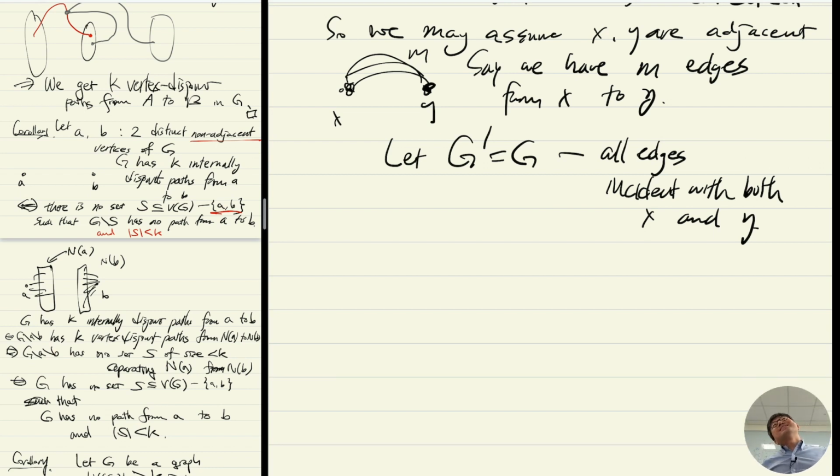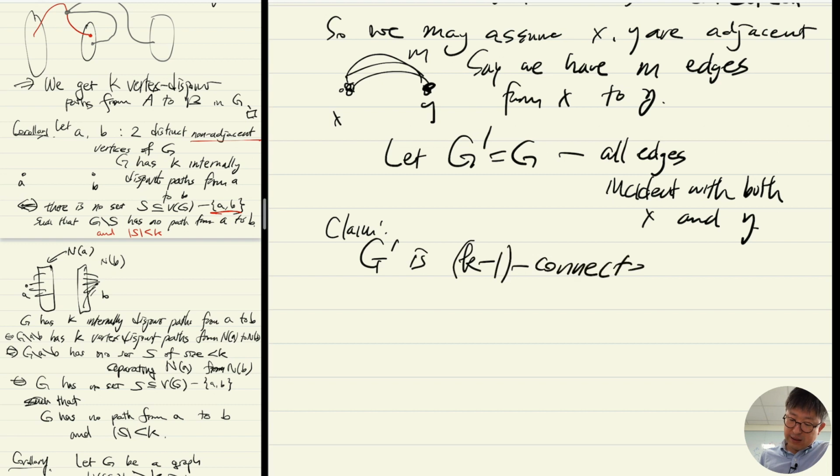Actually, we may say the following: G prime is K minus 1 connected. Why?